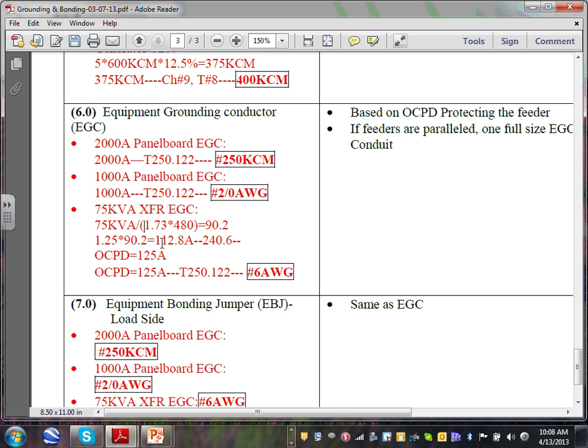Because there is no secondary protection, I size the protection at 125 amp. The first thing you need to do is size this as a 125 amp fuse or circuit breaker, typically. Then from 125 amp, go to 250.122, and that will get you, gentlemen, number 6 as your minimum. That's the equipment ground conductor for the transformer.